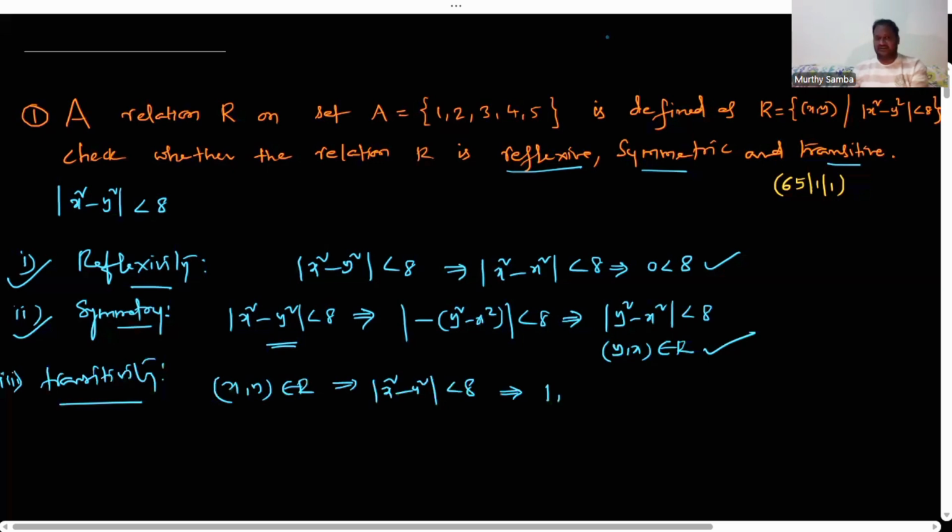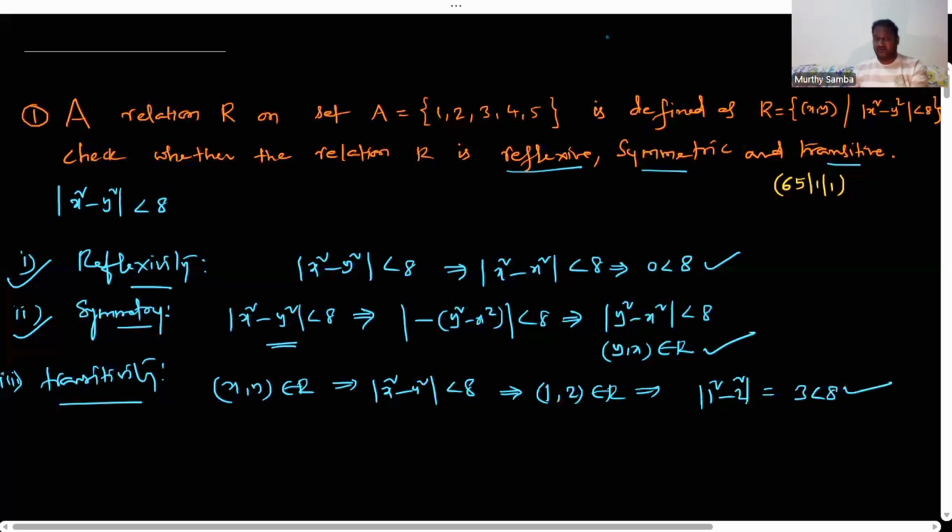Whether (1, 2) belongs to R or not. See, 1 square minus 2 square is 1 minus 4, equal to minus 3. Modulus of minus 3 is 3. 3 less than 8. So (x, y), I am taking (1, 2), belongs to R.